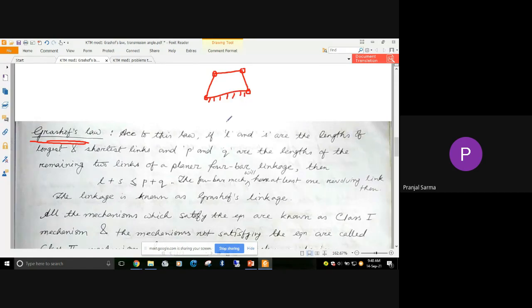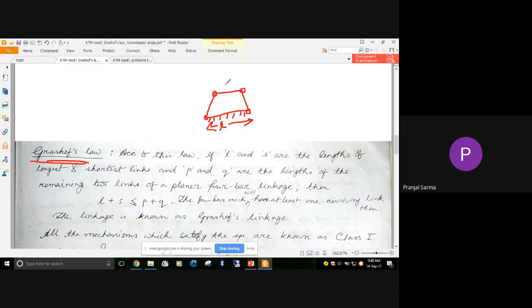Now let's consider this is the longest link, with length L, and this is the shortest link, with length S. These two are the other two links, let's call them P and Q. So L and S are the lengths of the longest and the shortest link of the planar mechanism, and P and Q are the other two links.